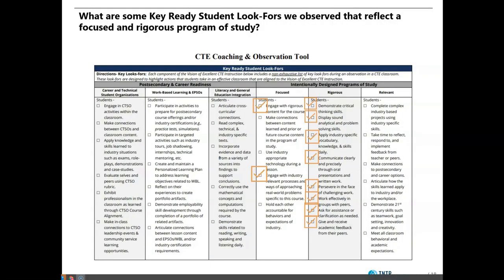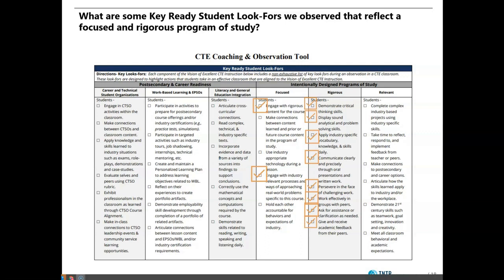Okay, so let's take a moment to compare notes in terms of our evidence using the coaching and observation tool. We see a lot of the student look-fors checked off underneath rigor. It's worth noting that not all of these apply for each and every student, but we're observing this class holistically. We also see a couple of the behaviors under focused for the student look-fors.